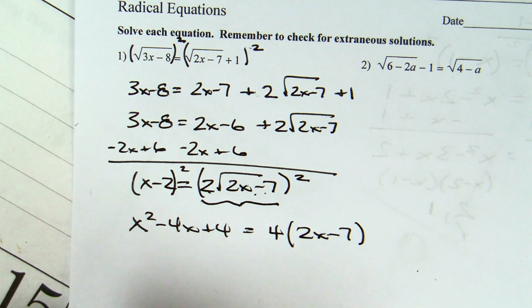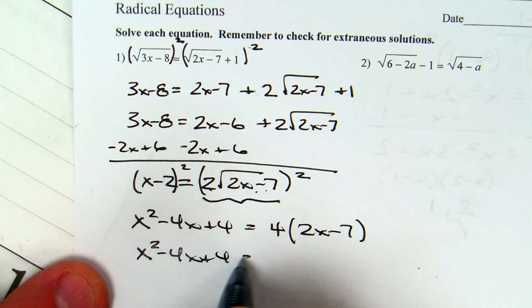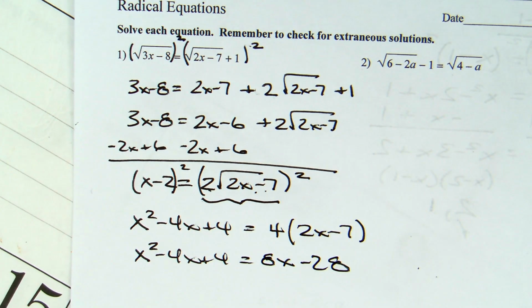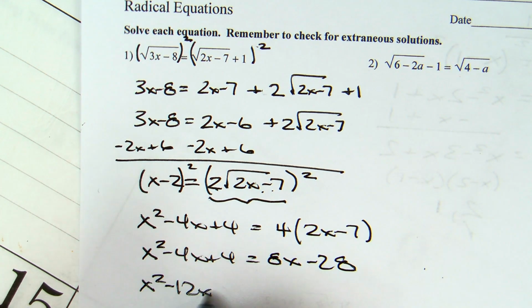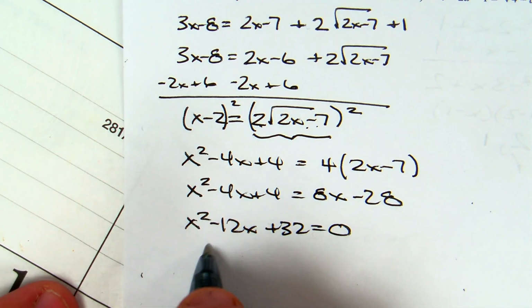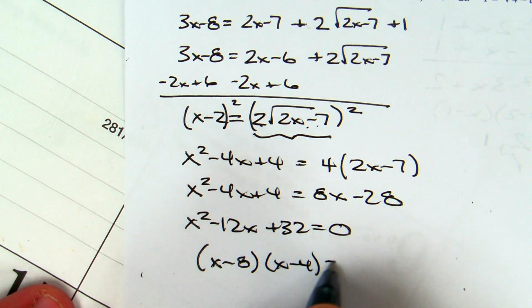I'm then going to distribute: x squared minus 4x plus 4 equals 8x minus 28. x squared minus 12x plus 32 is equal to 0. x minus 8, x minus 4 is equal to 0.